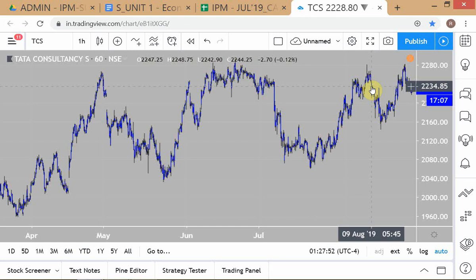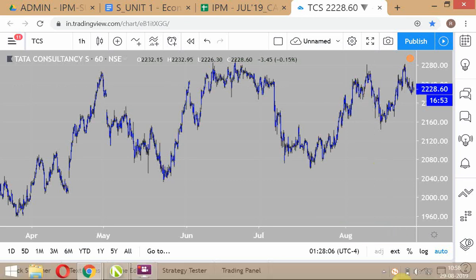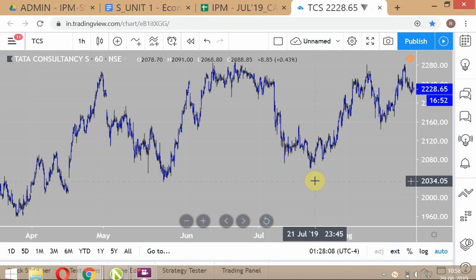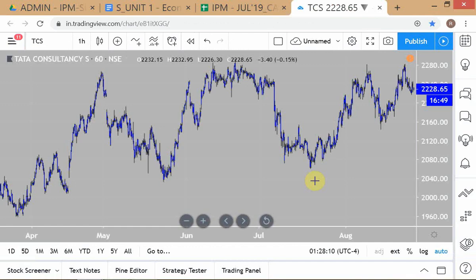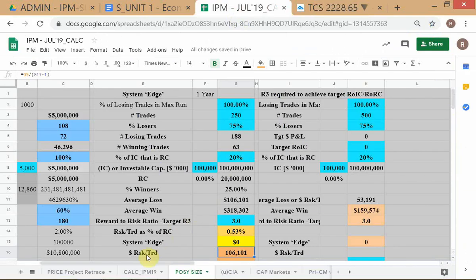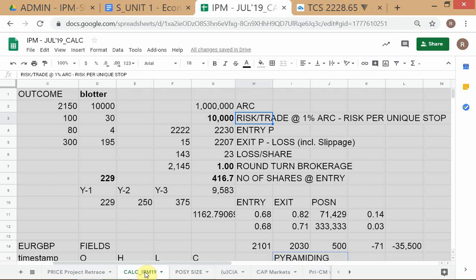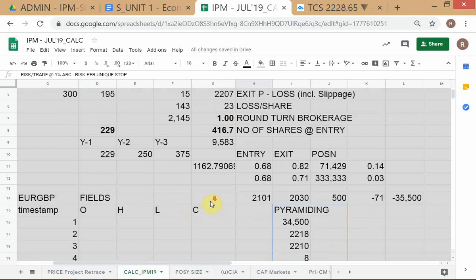You can only buy 5,000 shares at 2235 and have it stopped out at 2204. We can do this number calculation here itself. We still have a little bit of time. Let me just make this calculation so that we are clear. Are you guys following so far?